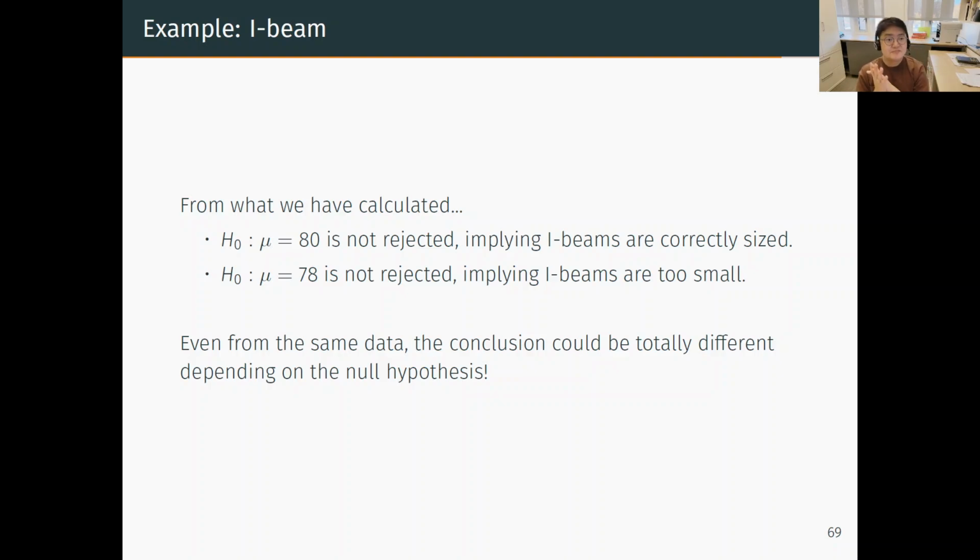That's because it's unfair. You are favoring the null hypothesis by construction. That's how statistical hypothesis testing works. So you should be careful when you interpret the conclusion, right? And also another way to explain this is because when you don't reject the null hypothesis, this is not a strong conclusion.